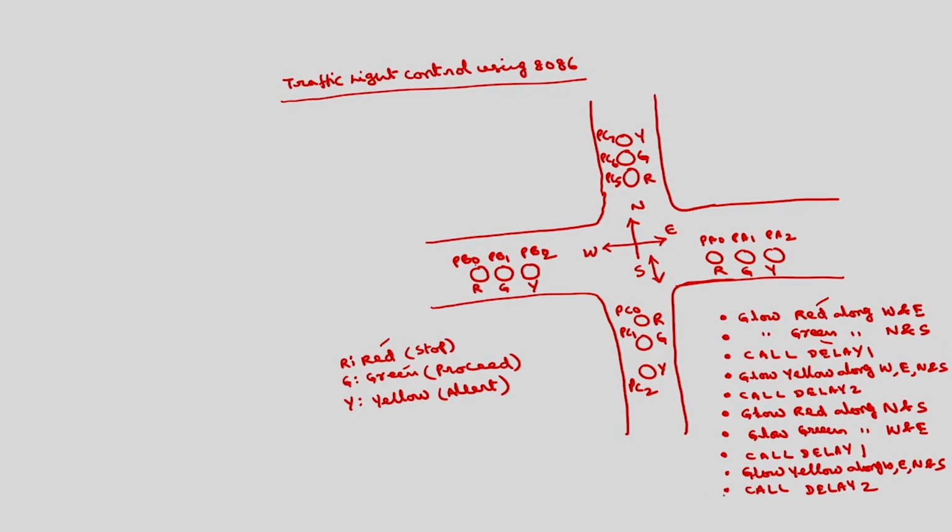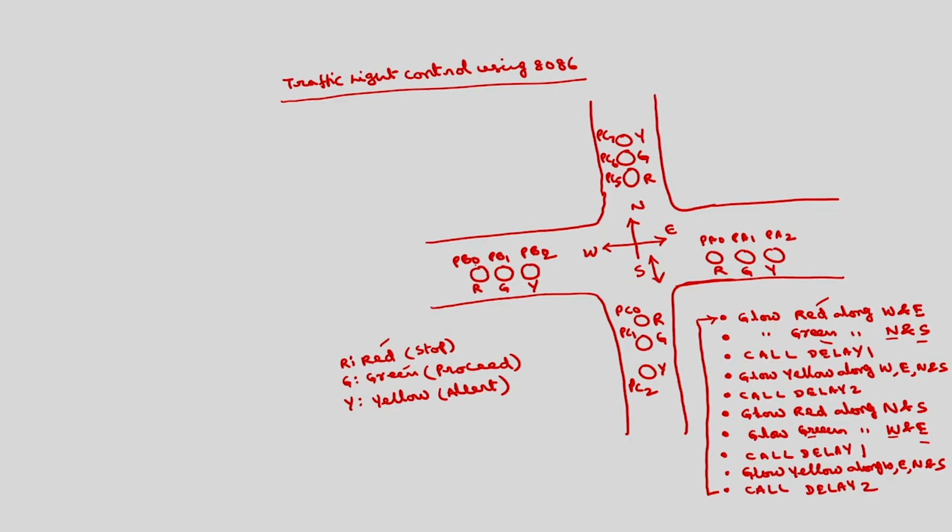So you have to repeat this, and go from here again. You sent the green on west and east, now you have to send the green on north and south. So from here again you have to repeat this step, and this is an infinite loop. So this will move in an infinite loop.